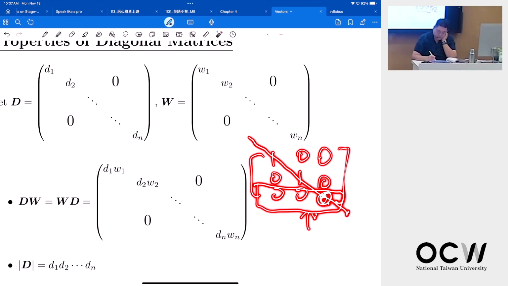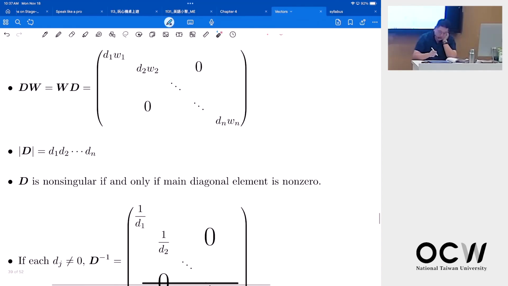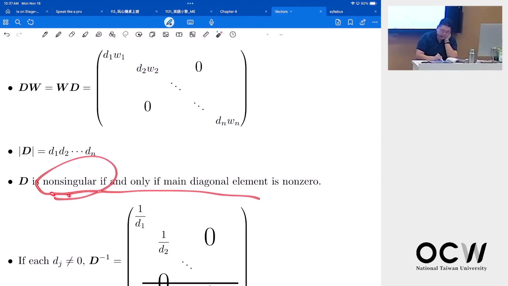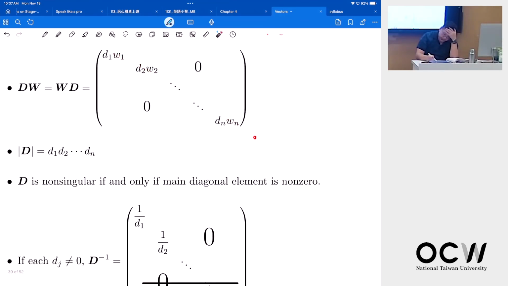Okay. So for non-singular, I have an inverse, and for all the elements in the main diagonal, they should have some values. They cannot have a 0. Once they have a 0, that means in that row they are all zeros.